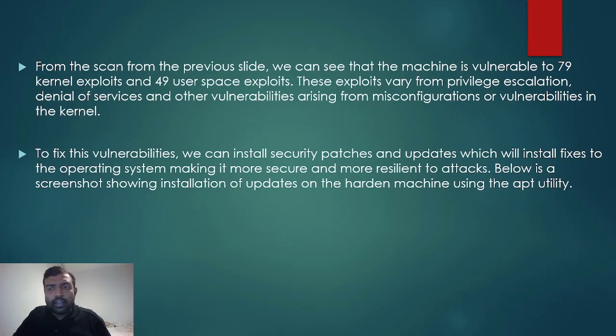These exploits vary from privilege escalation, denial of service, and other vulnerabilities arising from misconfigurations or vulnerabilities in the kernel. To fix these vulnerabilities, we can install security patches and updates which will install fixes to the operating system, making it more secure and more resilient to attacks.